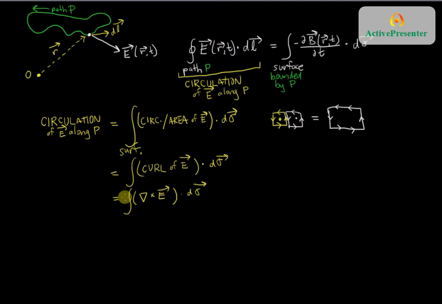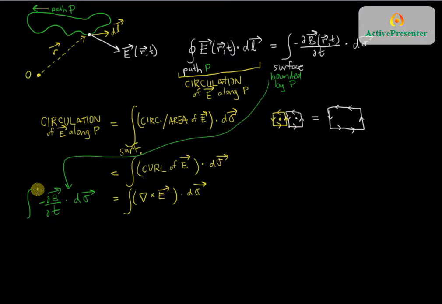Now we've got a situation where, as with the earlier Maxwell laws, we have this quantity here, the circulation of E, is equal to this surface integral, but it's also equal to this surface integral. So if I just copy this guy out to here, I've got the integral of minus dB dt dot d sigma, leaving off the dependences on r and t for the moment, equals this surface integral.